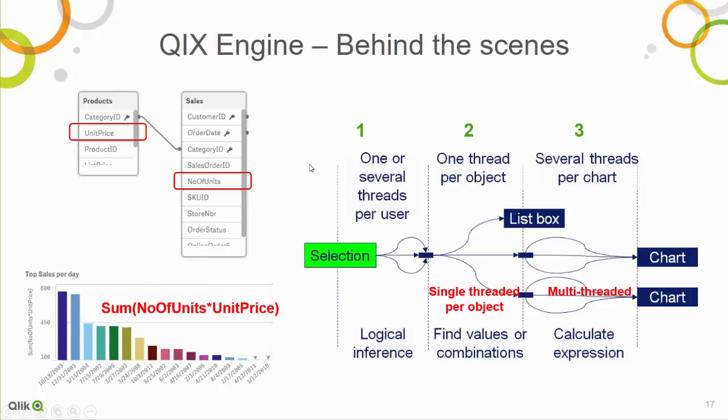What if you have set analysis, if conditions, or a distinct clause, which will make any aggregation in your expression single-threaded? In this case, you need to understand a lot about your expressions to understand the performance of QIX Engine.